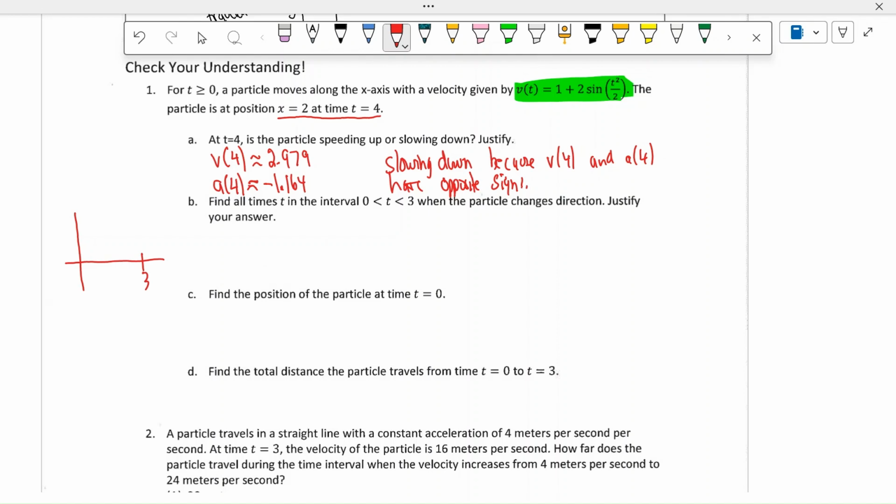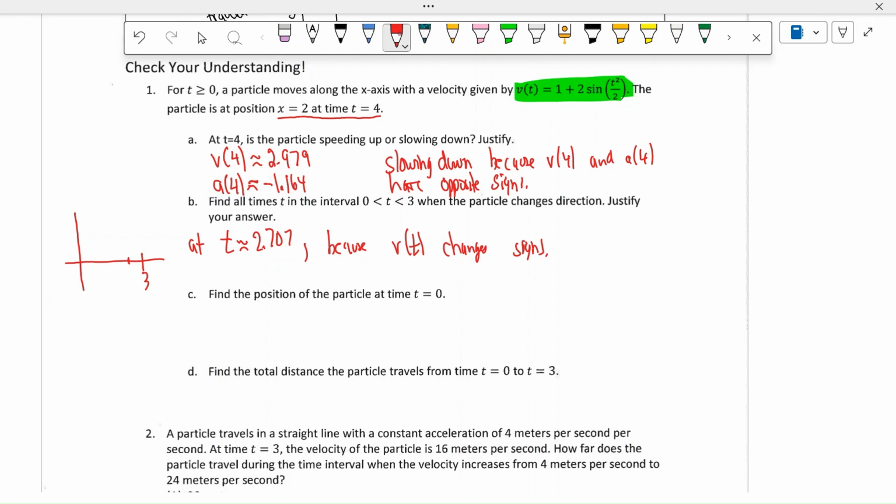And what we'll notice is that there is one point where the velocity is equal to 0, and that is at t equals 2.707. And at that point, the velocity is changing signs from positive to negative. So when does the particle change directions? At t equals 2.707, because v of t changes signs.